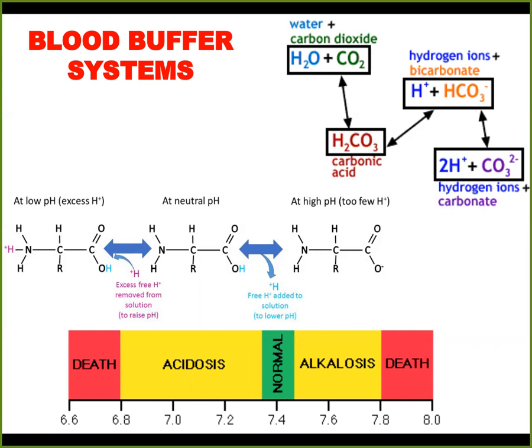It's an association of several reactions of producing carbonic acid from carbon dioxide and water, and carbonic acid may dissociate in our blood into ions, and these ions may be used for decreasing pH by putting more hydrogen ions in our blood.